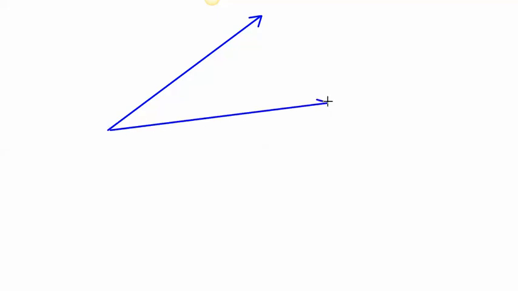All right, some more symbols and notation. You got an angle. Now, since there's only one angle in this diagram, we can call it angle A. You can just use the vertex to describe it.